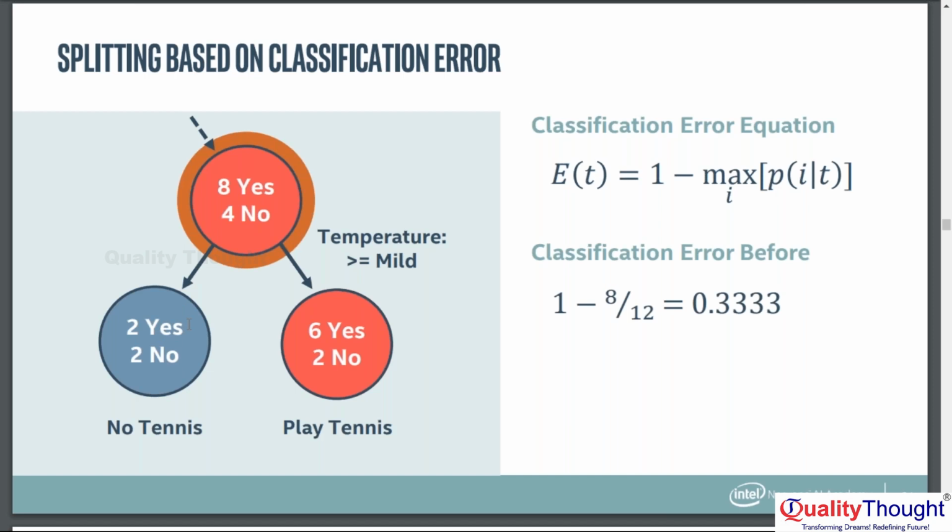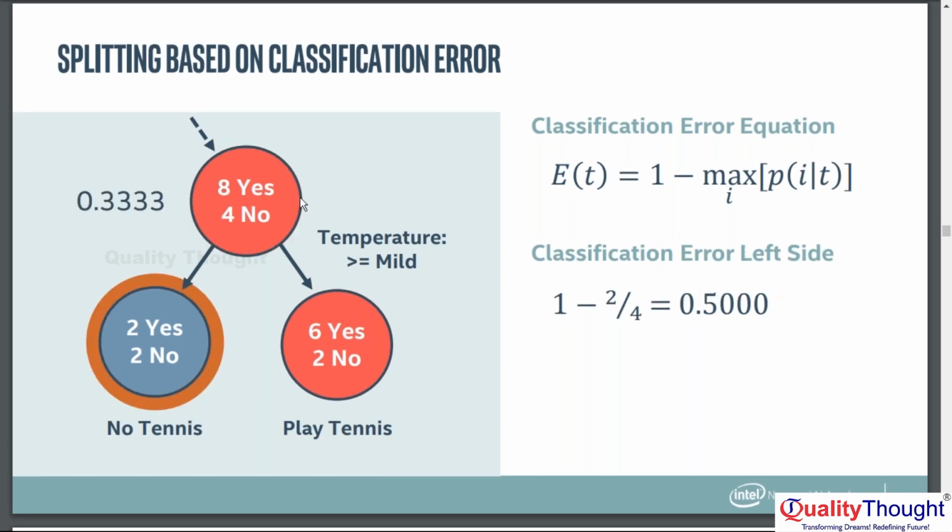So here you could see the classification error before, which is 1 minus 8 divided by 12. Why? Because 8 divided by 8 plus 4 is the total number of statements we take into consideration, which is 0.33. Then the classification error on the left-hand side is 0.50.